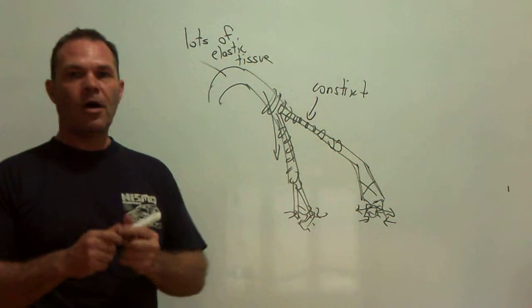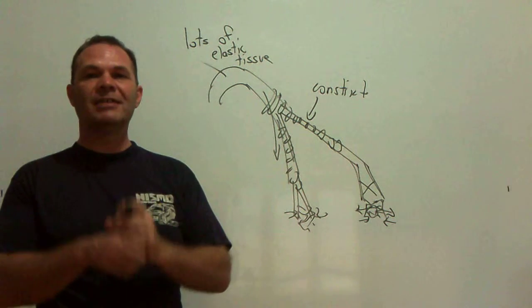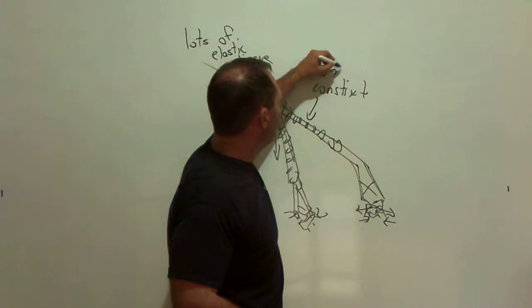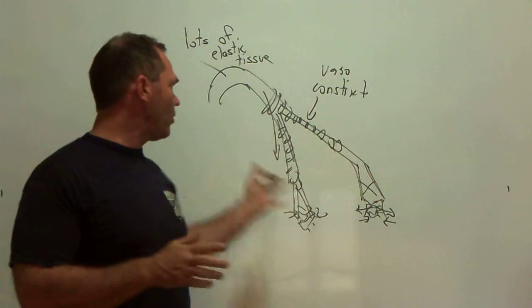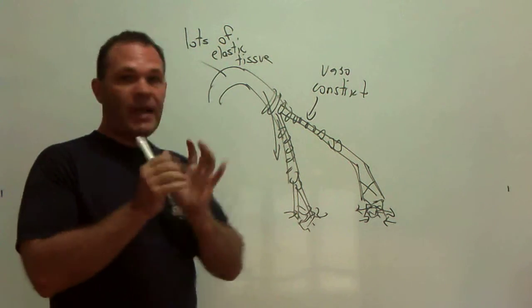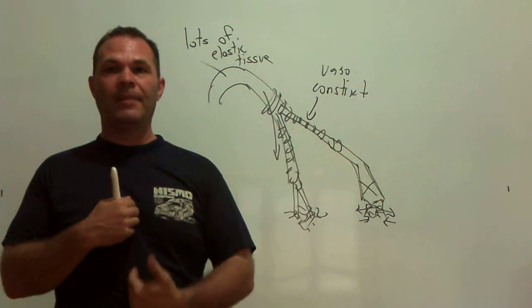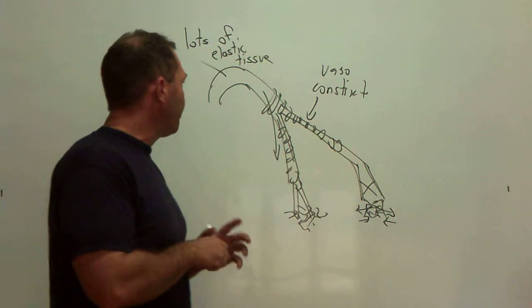And so I can get blood to go into the blood vessels that are relaxing or are not as constricted. So I call that vasoconstriction, and the other one I call vasodilation. That is one way that I can shunt blood between the muscles and the gut, and it's a pretty good way of doing it.